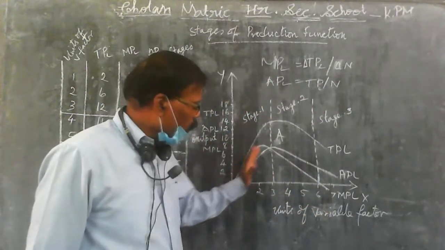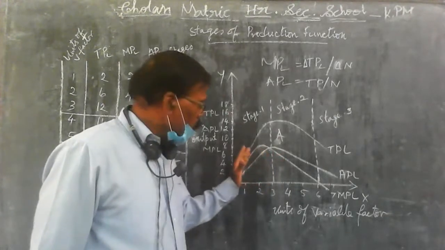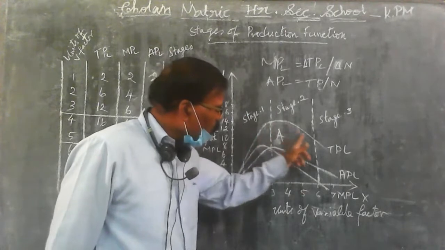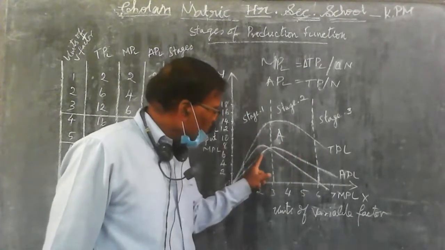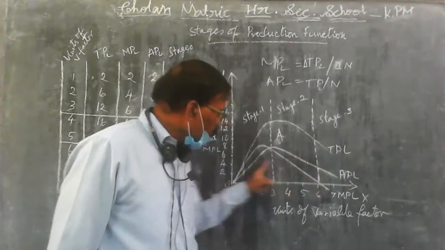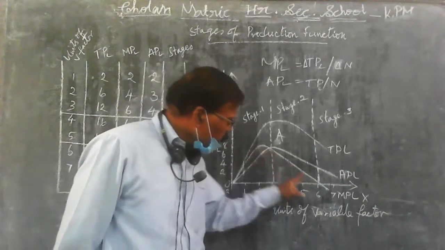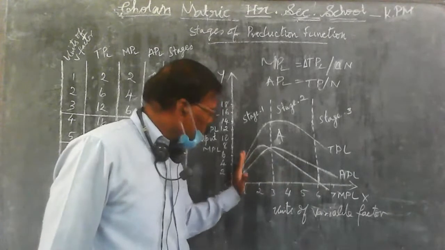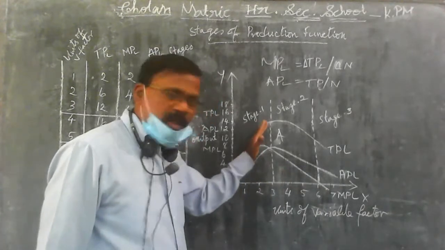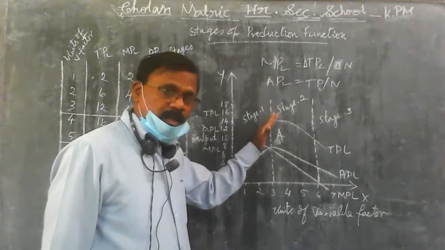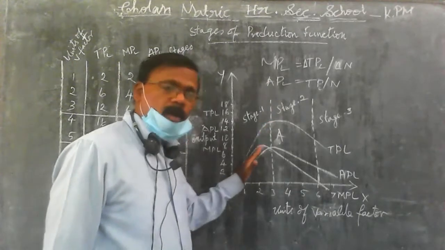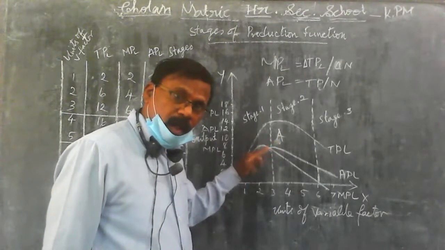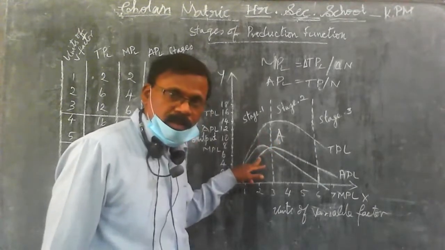When you see the diagram, you must understand the nature of the curve, then the position of AP and the status of MP. In the first stage, total product increases at an increasing rate. Marginal product increases, and it is higher than average product.